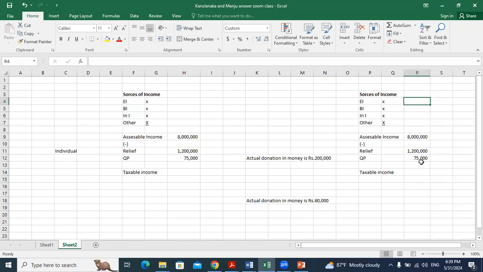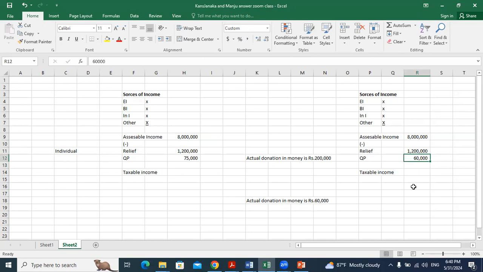In this particular case, how much can be deducted? 60,000. This is in cash. 60,000, yes. Thank you, Lakshita. The actual donation in money is 60,000, so how much can be deducted? That is not 75,000, still 60,000. This is the case.